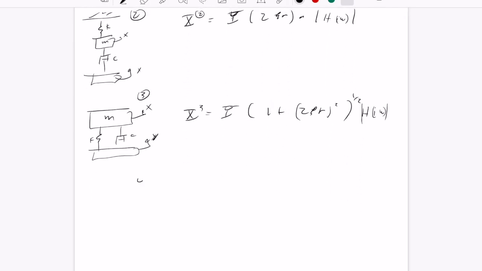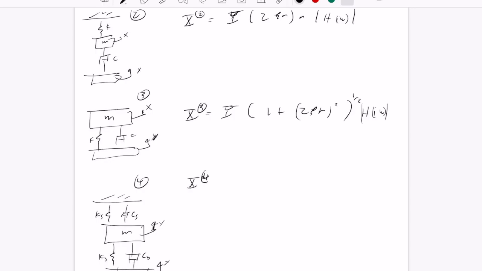And then let's look at system 4. Here's our base. That's going up, x, m, ks, cs, kb, cb, and this was 3.